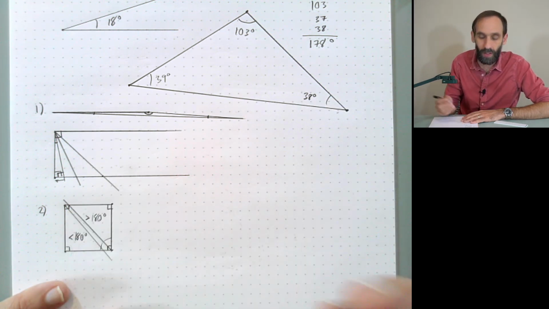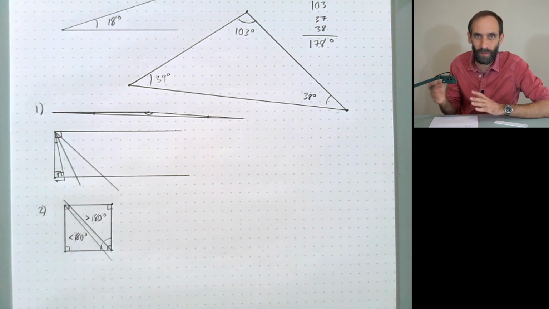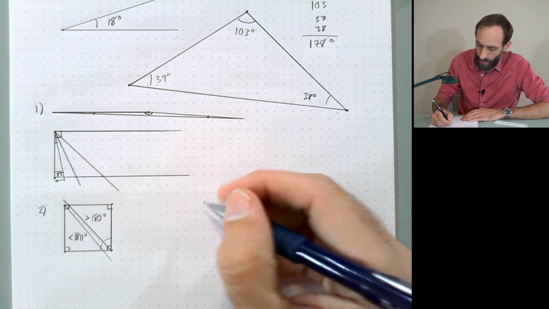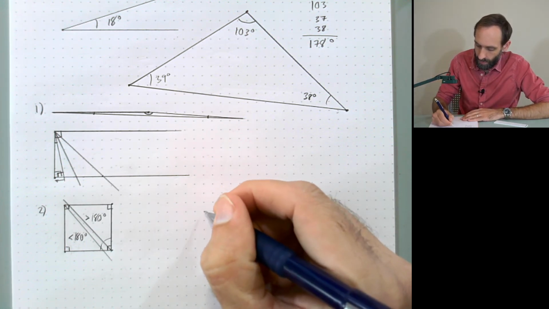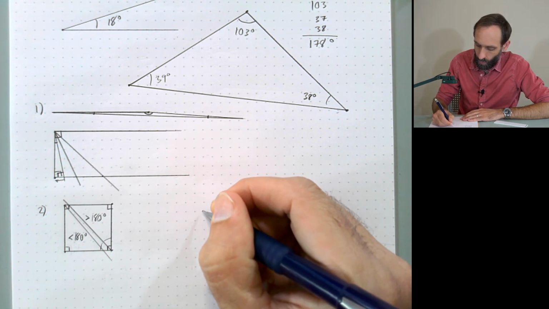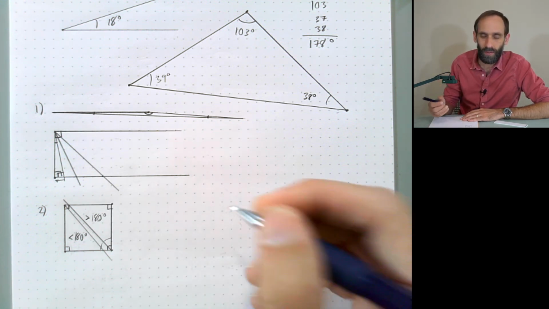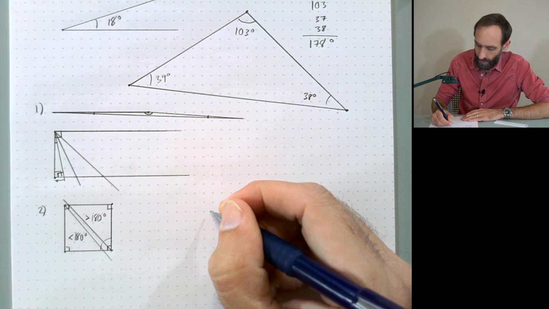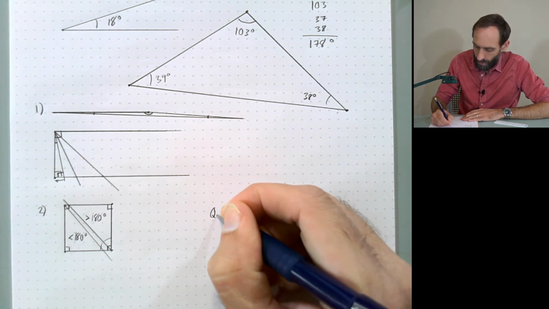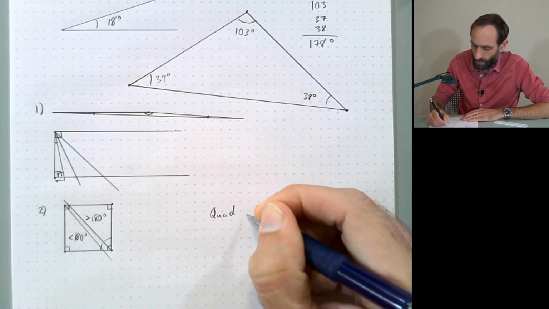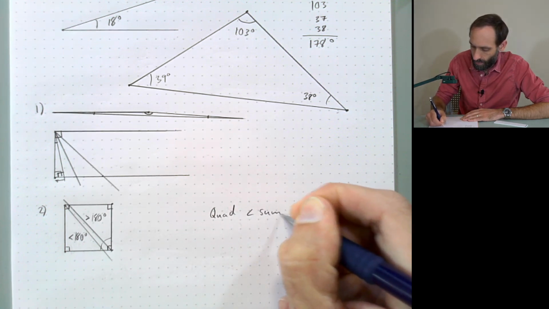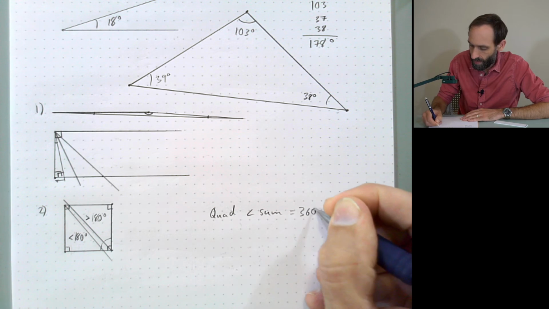They'll say, well, just forget about the right angles. This quadrilateral has an angle sum of 360. Okay, so sure. How do you know that's true? And it turns out, so we'll say the quadrilateral angle sum equals 360.